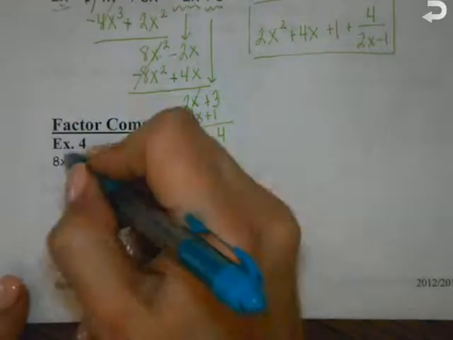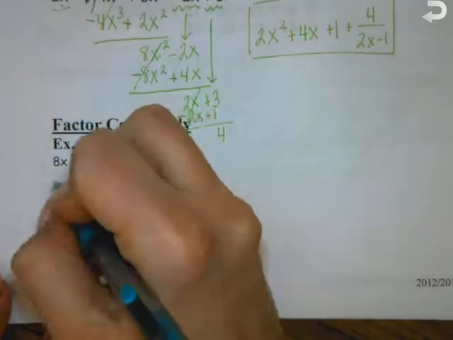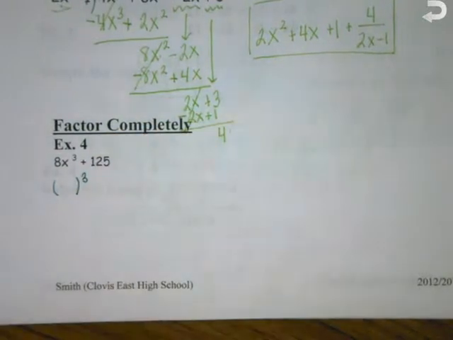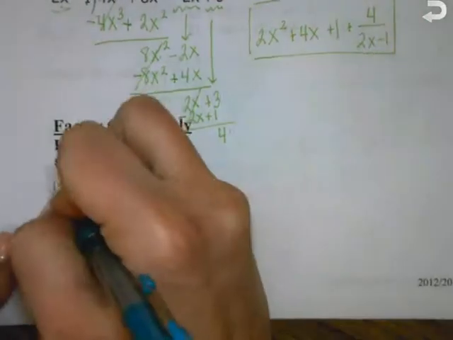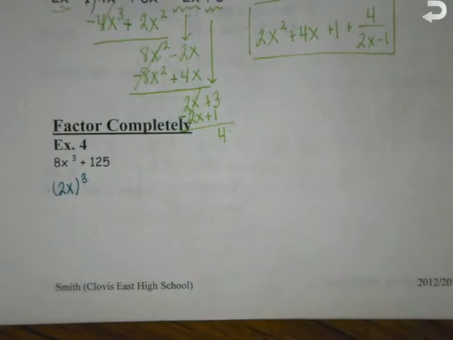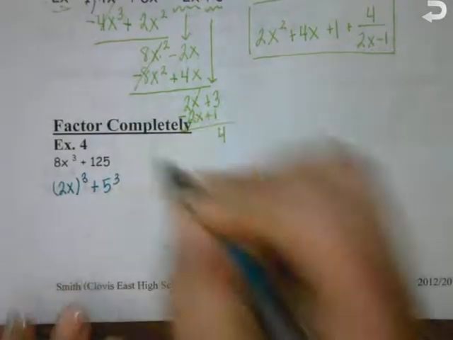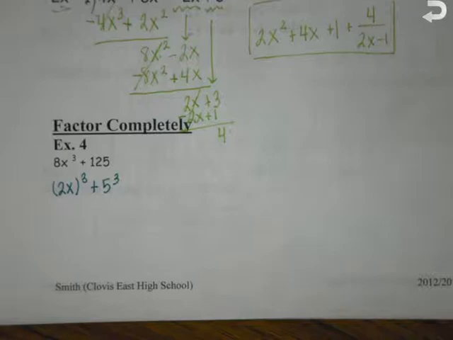So 8x to the third, how would I rewrite that so that it's one quantity, all of that to the third power? 2x. So one of your bases is 2x. And 125 is what? 5 cubed. So now that you have all your bases, now we can fill it into SOAP.